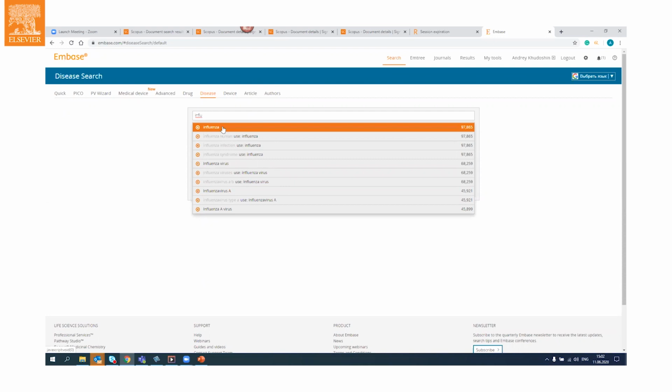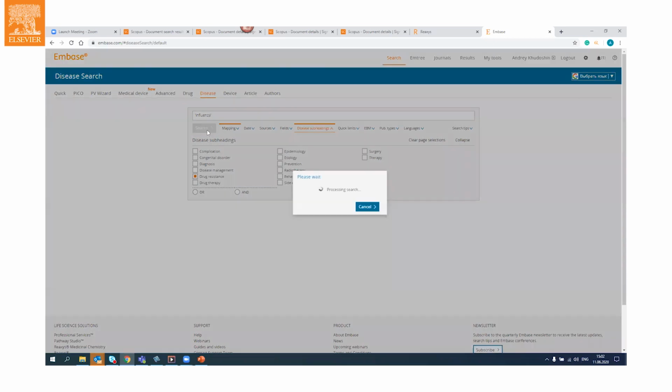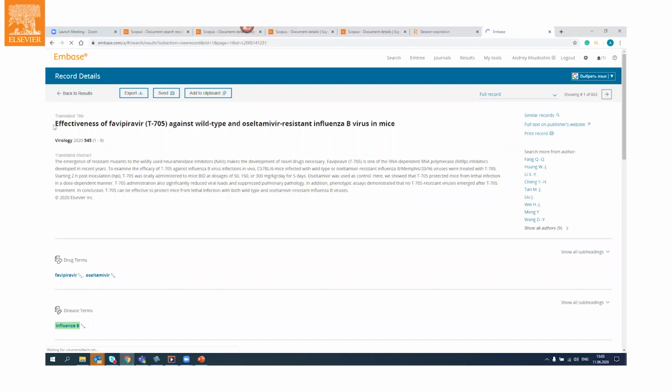So for example, influenza. Let's find information about drug resistance in influenza. Or we can try cancer or whatever. So we found 843 articles, and all of them are particularly about influenza drug resistance.